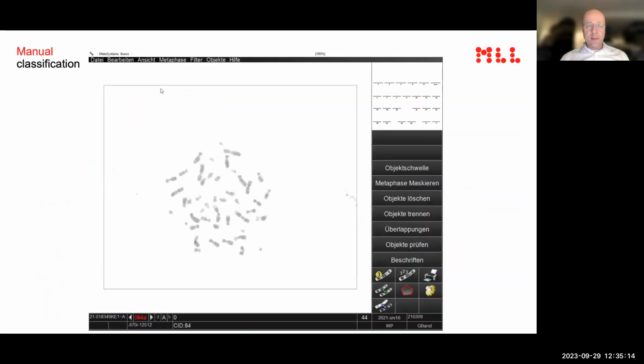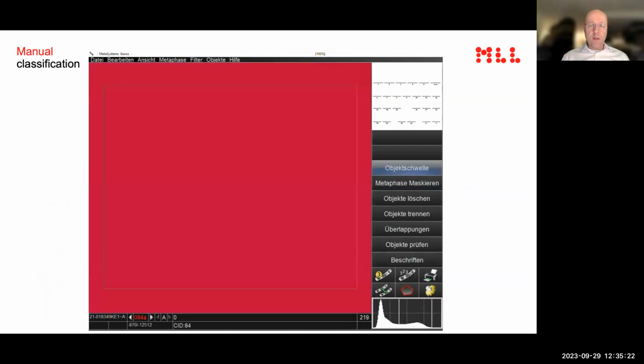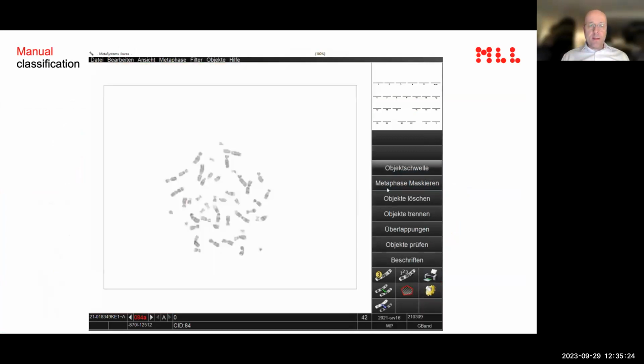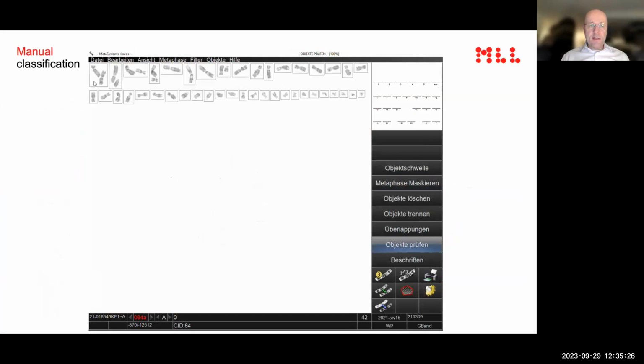Coming now to chromosome analysis, we have for decades digitalized the workflow of chromosome banding analysis. While I talk, you see here a very experienced technician doing the digital work they have done for decades.